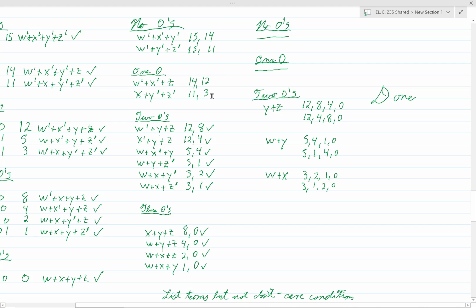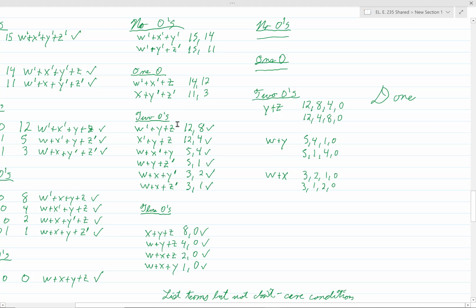And likewise 11 and 3, which is X, Y, and Z. Let's see. Here is a term with X, Y, and Z, but again, X and X prime, Y prime and Y, Z prime and Z. So again, these two differ in all three variables, and so they can't combine. So all four of our first terms here don't combine with anything, and so they are all prime implicates.